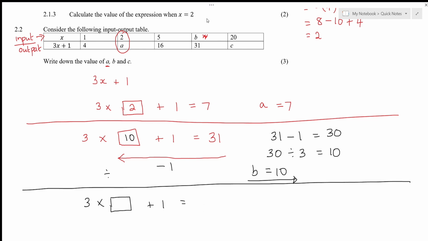Basically, we're looking for the output, which is c. Okay, so we're going to go 3 times, and they give us 20. So we're going to replace that block with 20. 3 times 20 is 60, and 60 plus 1 is 61. So therefore, c is equal to 61.